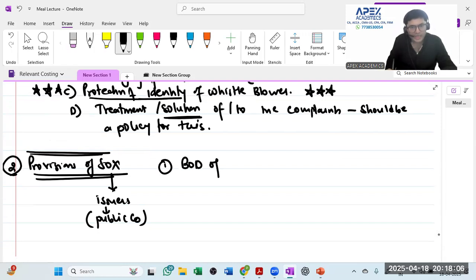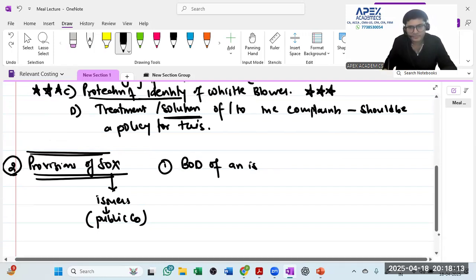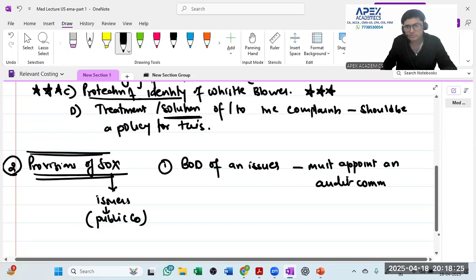The board of directors of an issuer, what must they do? They must appoint an audit committee. What must the board of directors of an issuer do?